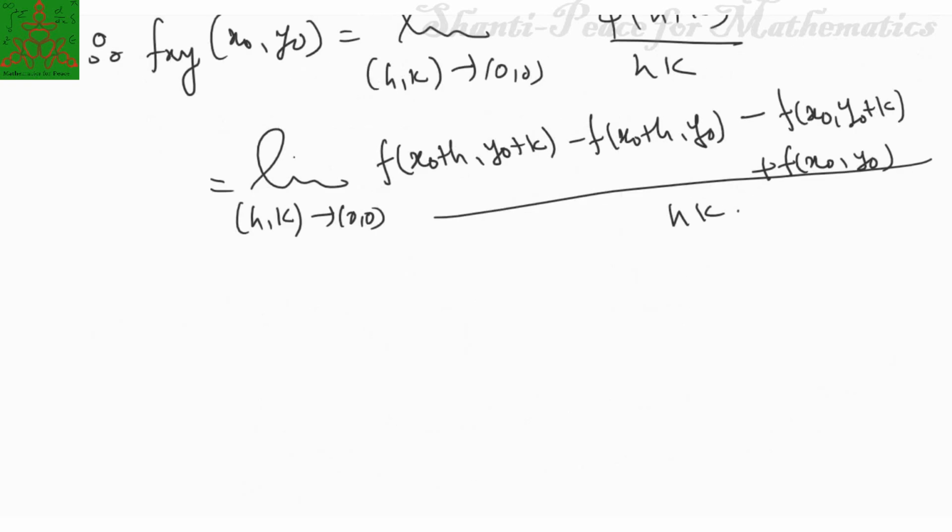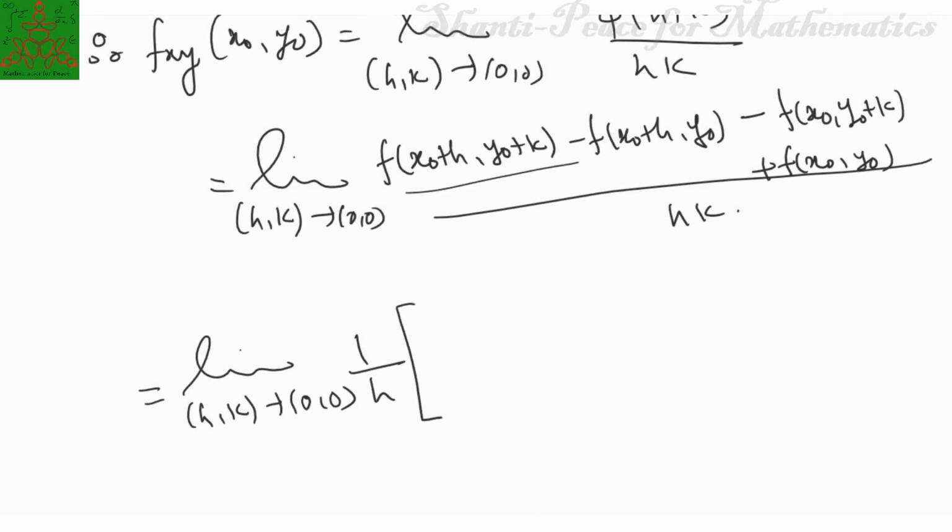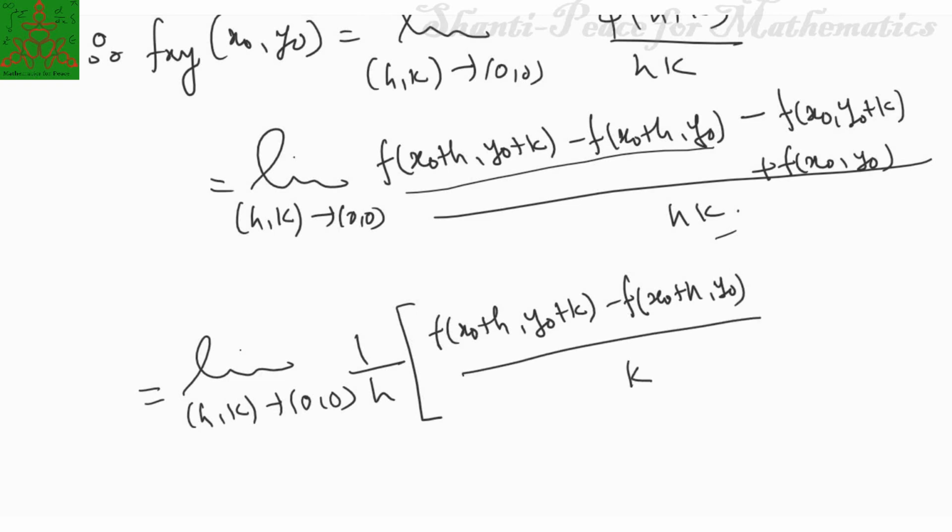Now this quantity I may rewrite as the limit as (h, k) tends to 0 of 1/h outside. I may write these two quantities together divided by k, so that is [f(x0 + h, y0 + k) - f(x0 + h, y0)]/k, then minus [f(x0, y0 + k) - f(x0, y0)]/k.